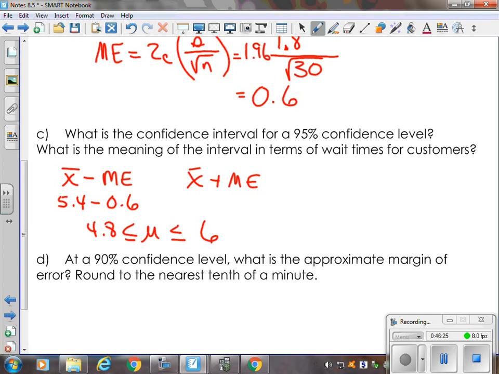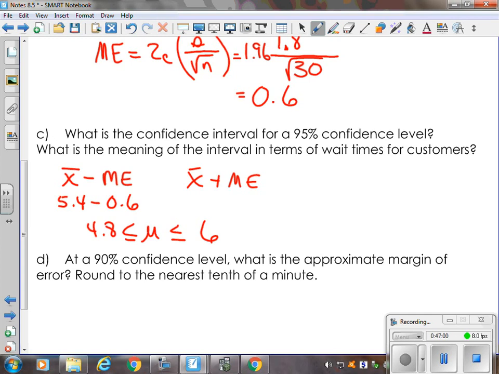So now that's telling me that with this small sample, if I want a 95% confidence interval, the average of the whole population would fall between 4.8 and 6, where my average right now is 5.4.